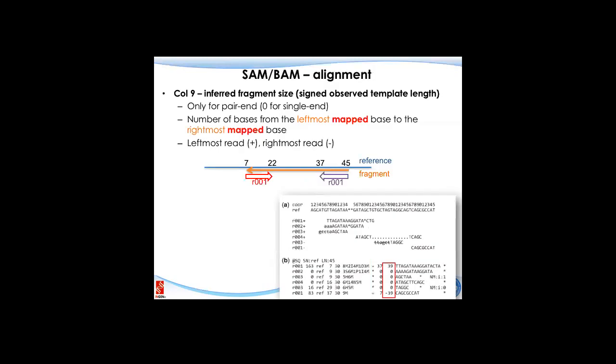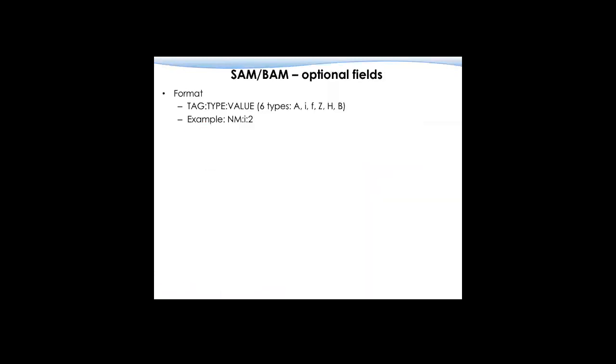And there are many different optional fields in the BAM file, which are given in a format like NM:i:2. NM is the tag, which has a definition, the i is the data type, which is an integer, and the value is 2.